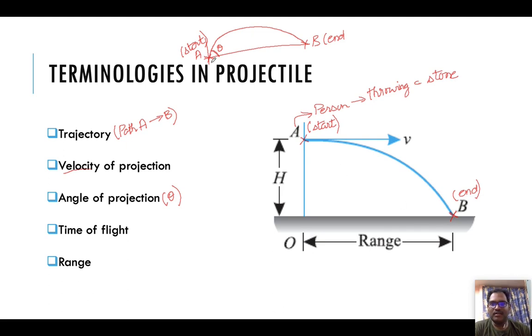So trajectory is the path from A to B; velocity is with what speed the object is moving; angle of projection is the angle that is created from the starting point; time of flight is the time taken by the object to reach the point B, the end point; and range is the distance between the start point and the end point.